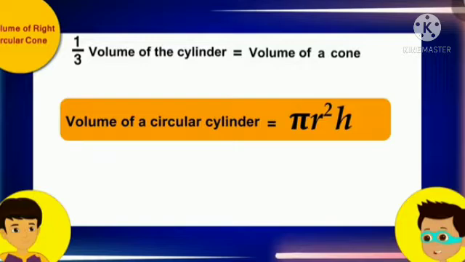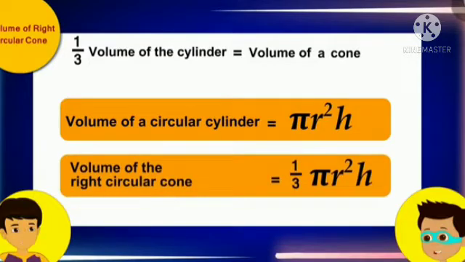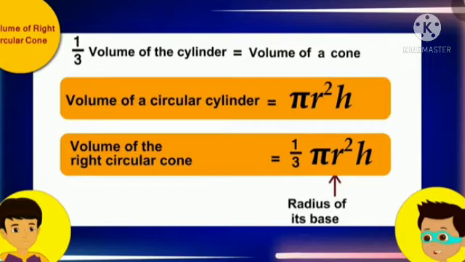Therefore, we can write the volume of the right circular cone as 1/3 pi r square h, where r is the radius of the base of the cone and h is its height.